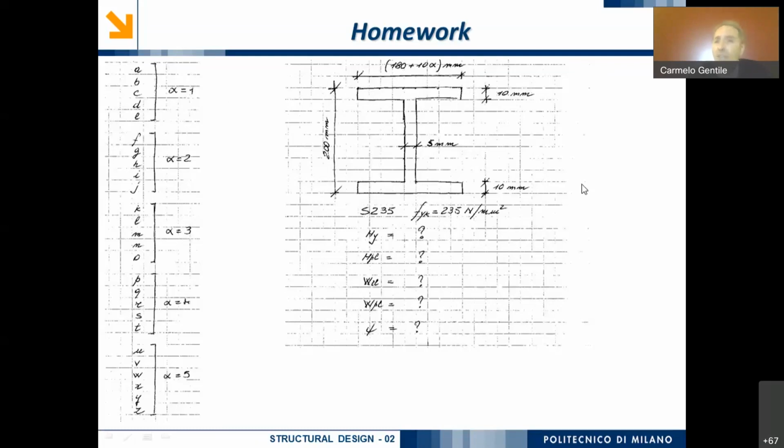What I ask of you is, of course, to develop these exercises as homework. But at the beginning of next class, when you are entering the class, I kindly ask you to write in the chat yes or no. Yes, if you have done this homework.